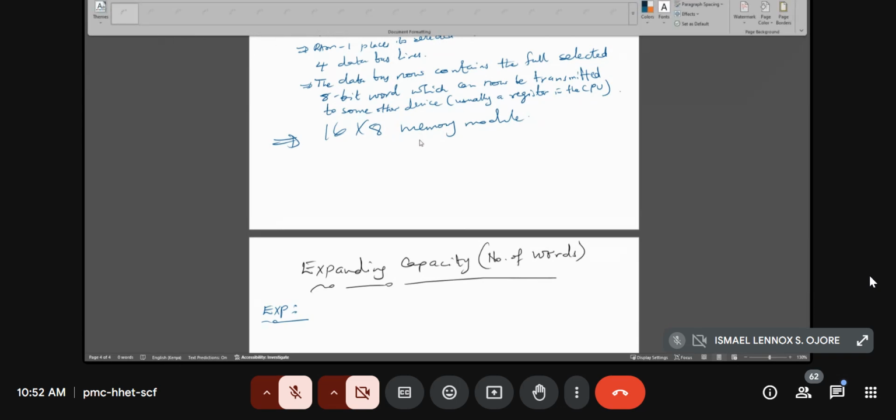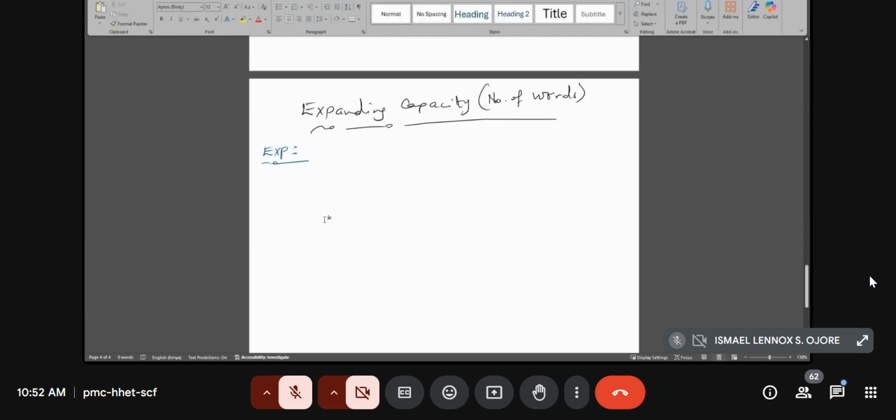And you are asked to obtain a 32x4 memory chip from 16x4 memory chips.